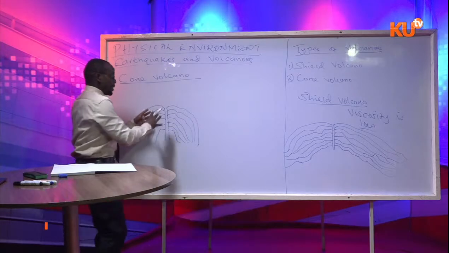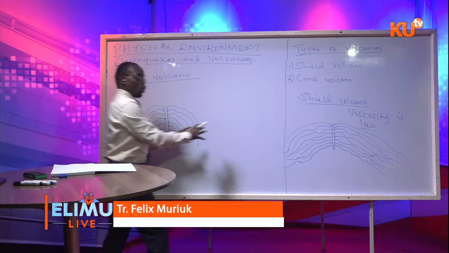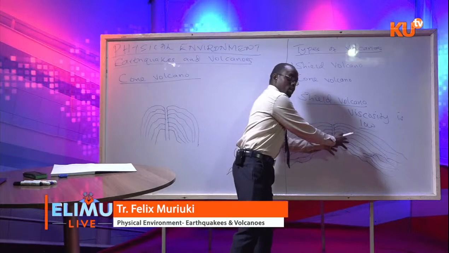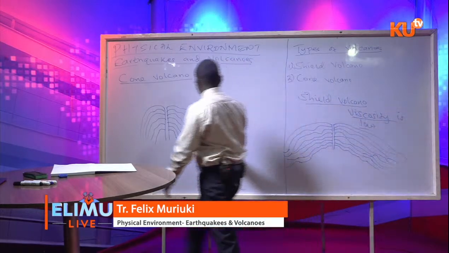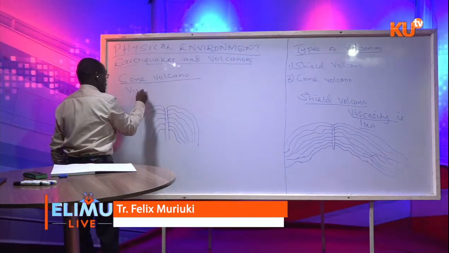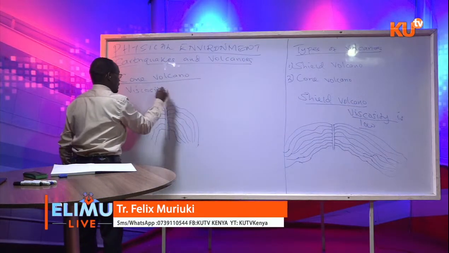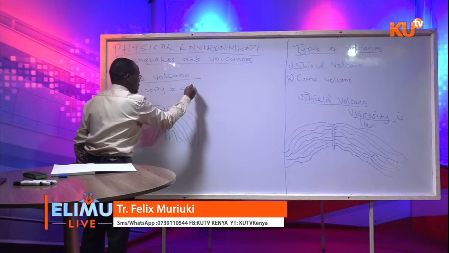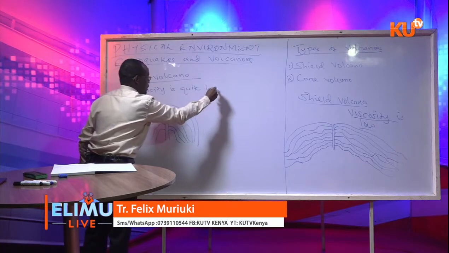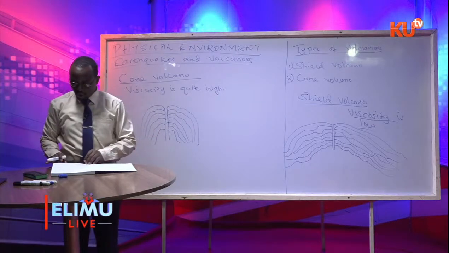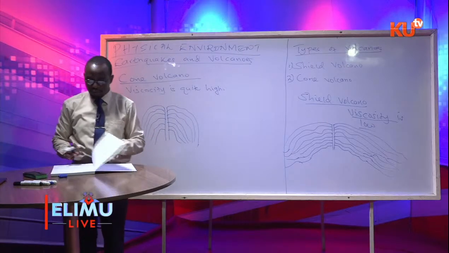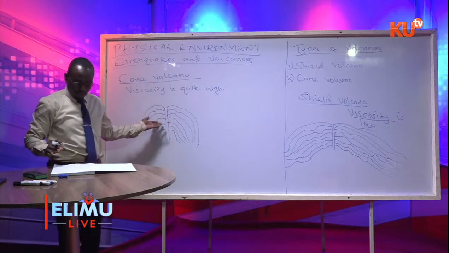So what happens here is the opposite of what happens in the shield volcano, and that explains the viscosity. Here it is low, while here the viscosity is quite high. These are some of the features that result from the volcanoes.